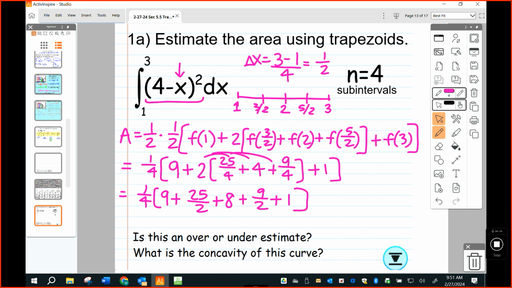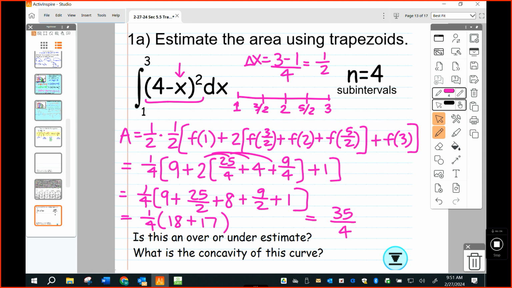So look, 9 plus 8 plus 1, that's 18. 25 halves plus 9 halves is 34 halves, which is 17. There you go. We're almost there. 18 plus 17 is 35. Divided by 4 is 35 over 4.